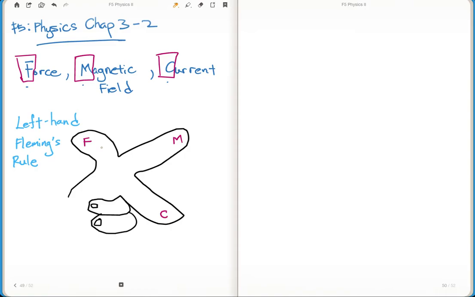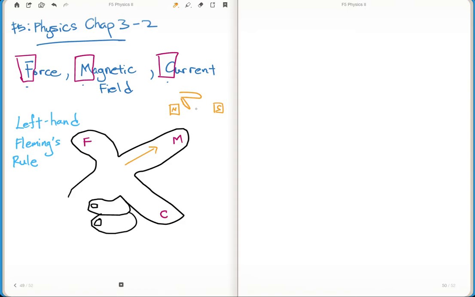If you have a magnetic field pointing from the north pole to the south pole, then this finger points towards that. Then if you have a current that comes out.